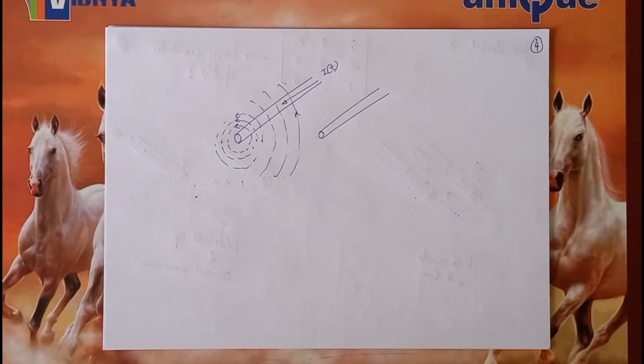And we know that whenever there is some time varying current across the dimensions of a conductor, some kind of EMF is generated. That is Faraday's law, or one of the Maxwell's equations.